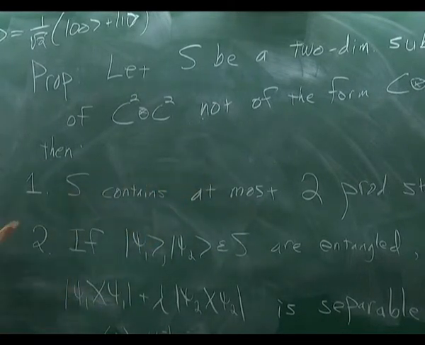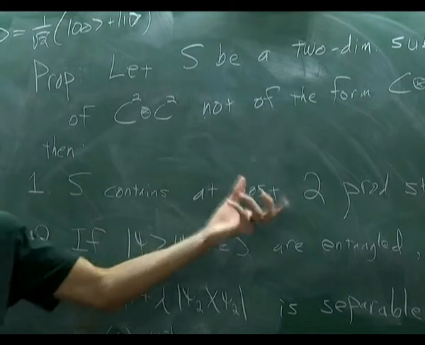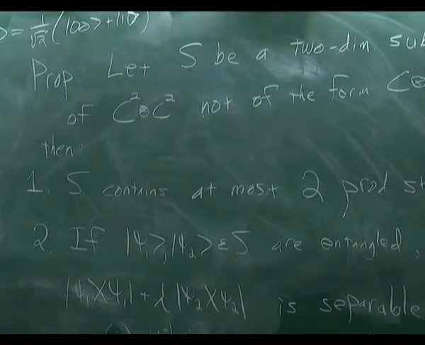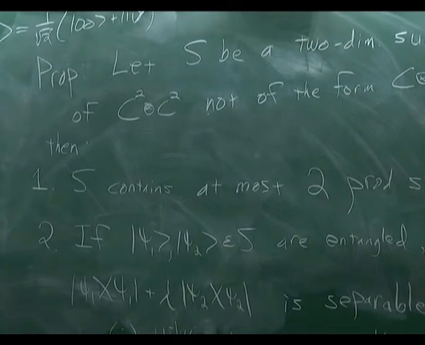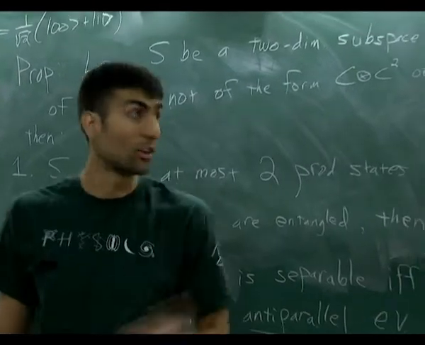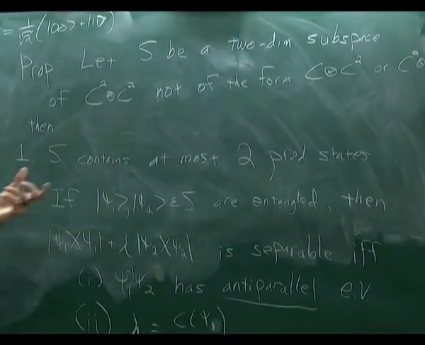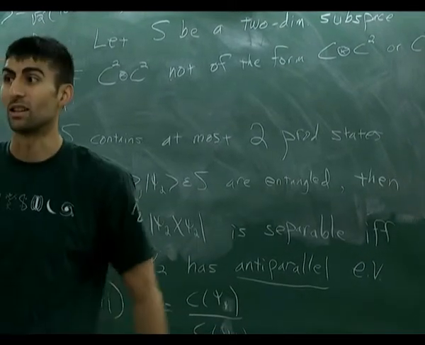Why does that follow immediately from this? Well, because if our separable state has support on S, that means that whatever product state decomposition we give, those product states must live in S. But there are only 2 product states that are living in S, so we can always write it as a convex combination of 2 product states.